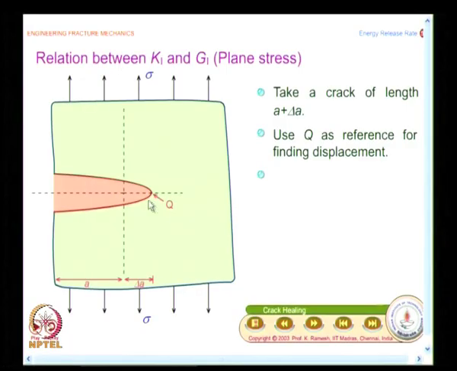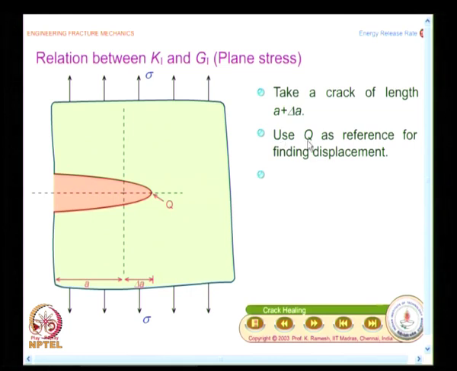I have to find out the displacement. For finding out the displacement, I would use the longer crack tip as the origin. For finding out the stresses, I will look at the shorter crack tip as the origin. You have to understand this, and when you look at the animation, you will appreciate it better.